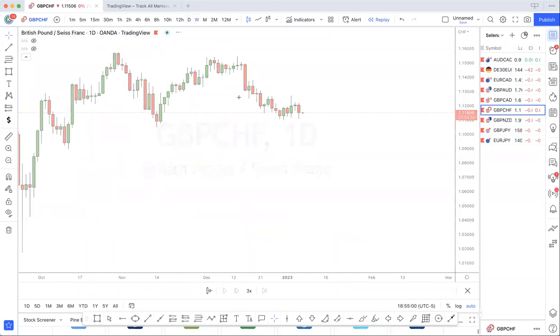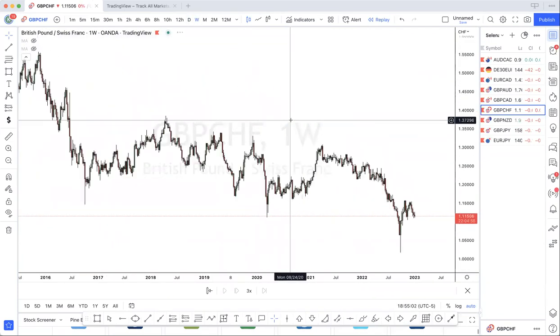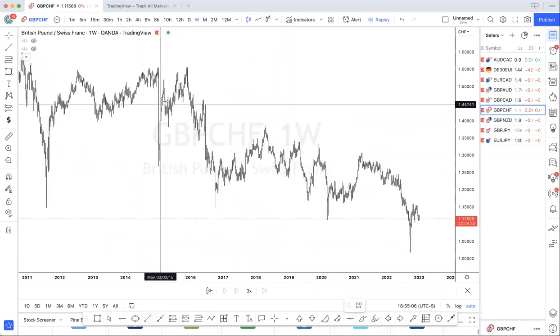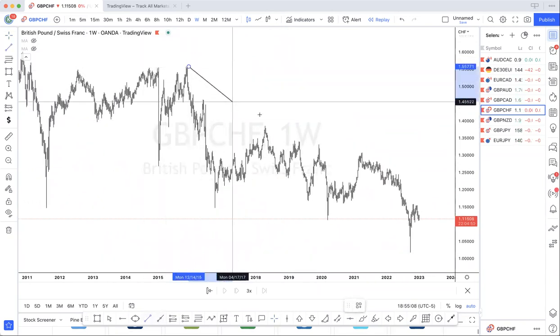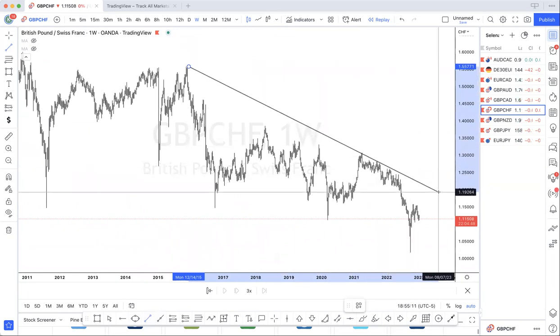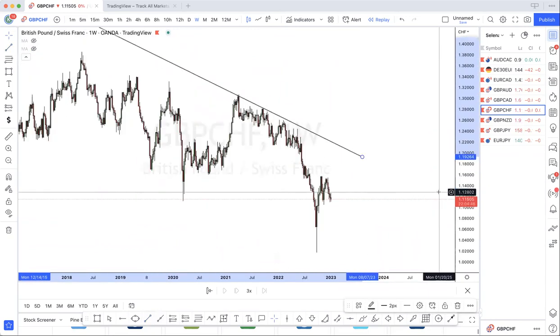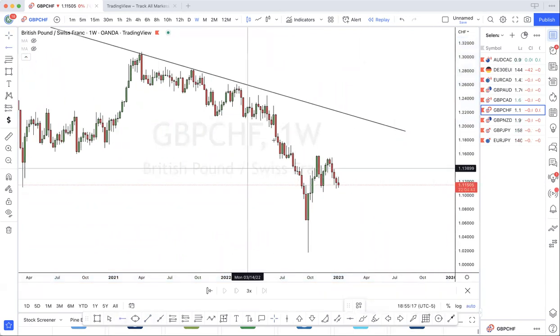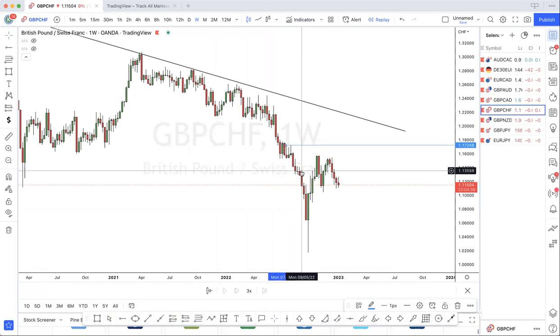Let me go to the weekly. Overall trend is bearish. So this was our swing high, current swing high.